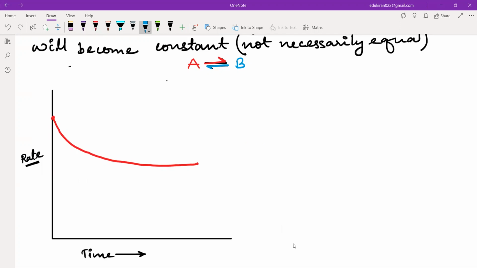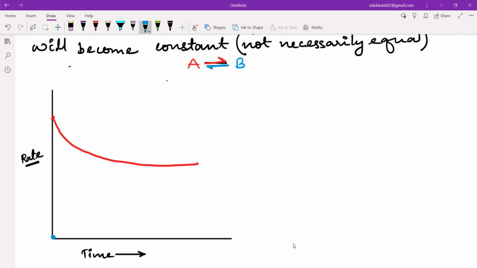Now, initially, the product is 0. There is no product here. That is why the rate will be 0. But as the reaction starts, A gets converted into B. Now, B has a tendency to get converted to A also.